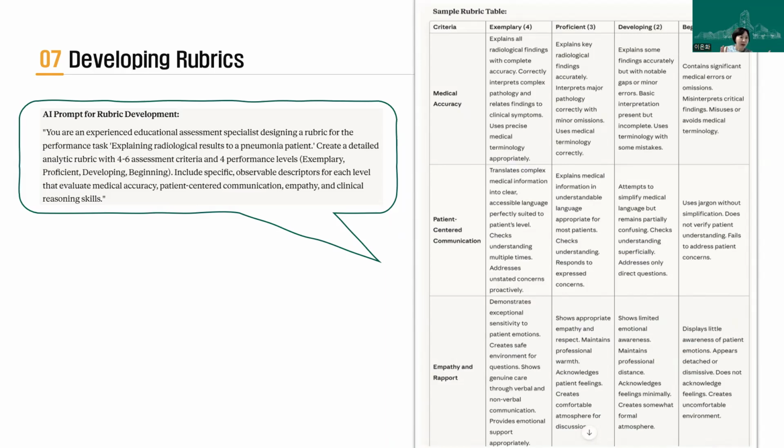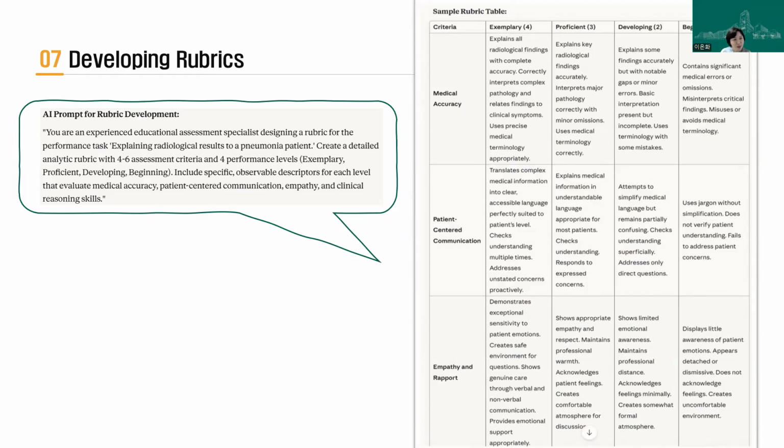But there are critical limitations. AI rubrics are a starting point, not finished products. You must review and adapt them to your context. Ensure alignment with your learning outcomes.